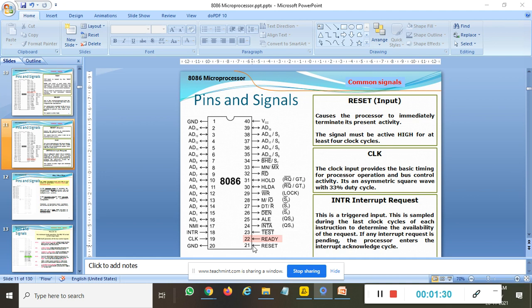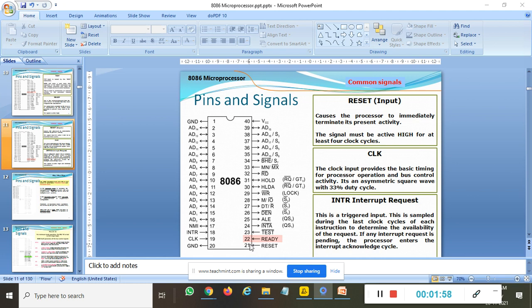What is the function of this pin? Its function is to cause the processor to immediately terminate its present activity, or reset the processor, and this signal must be active high for at least 4 clock cycles.